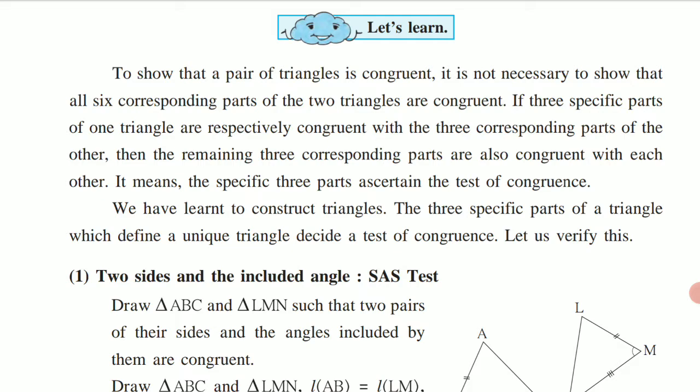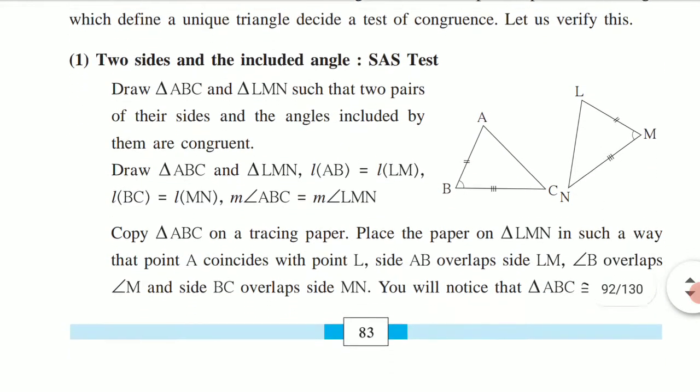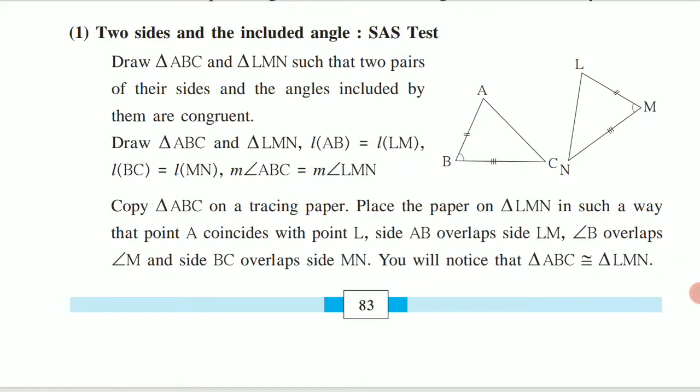We have learned to construct triangles. The 3 specific parts of a triangle which define a unique triangle help us decide a test of congruence. Let us verify this. First, 2 sides and the included angle, that is the SAS test.